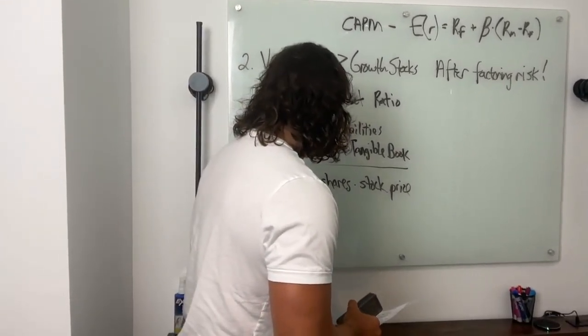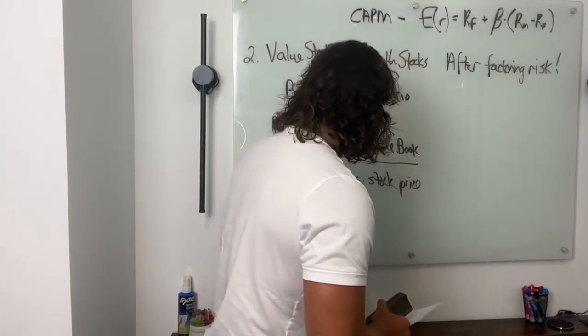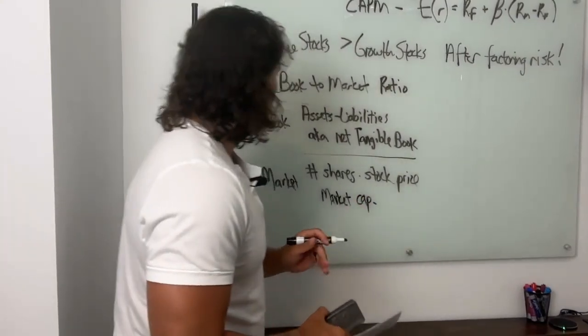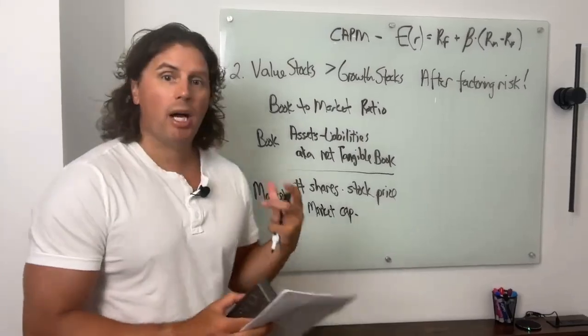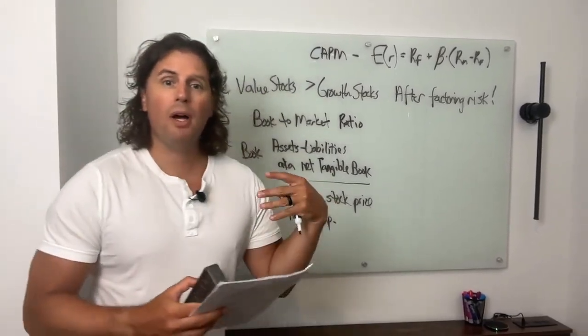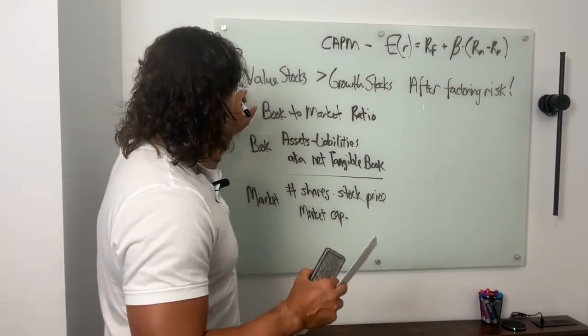Or we just know it as market capitalization, market cap. And so we just take book divided by market, and we'll come up with this number. And so what Fama-French does here is we are looking for value here.